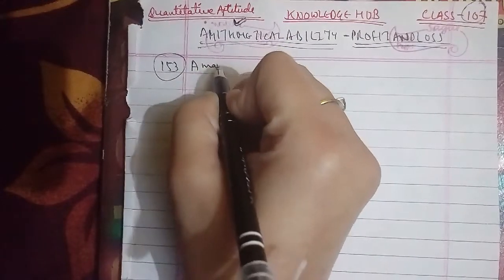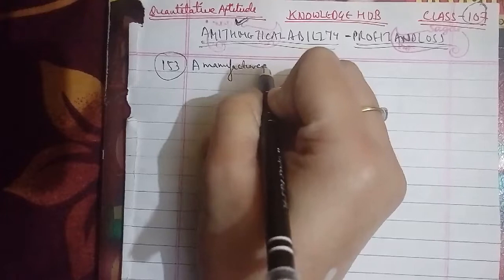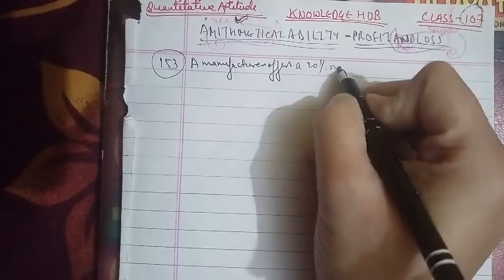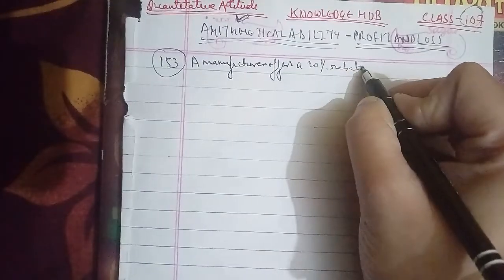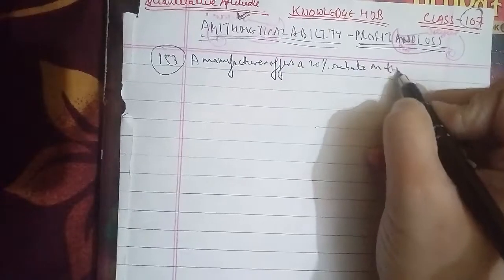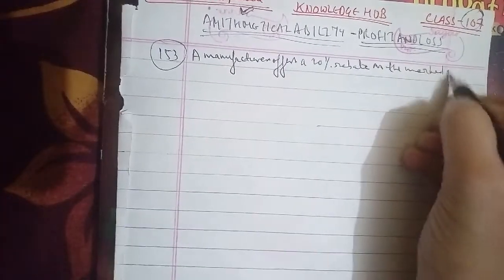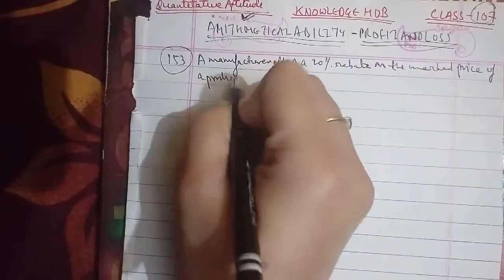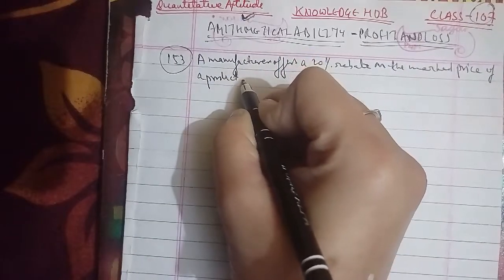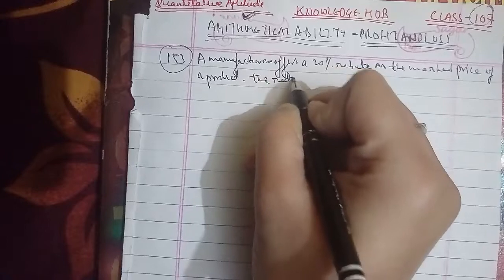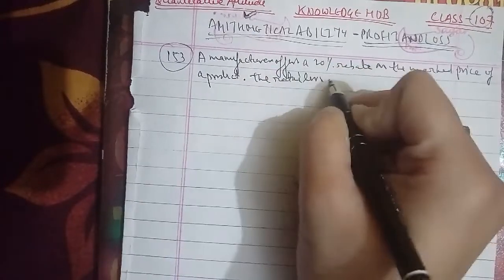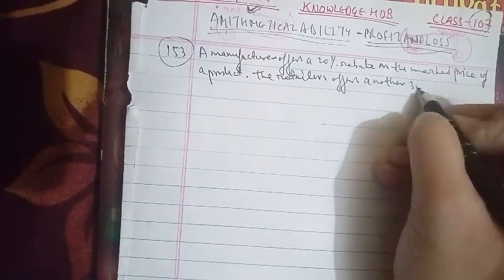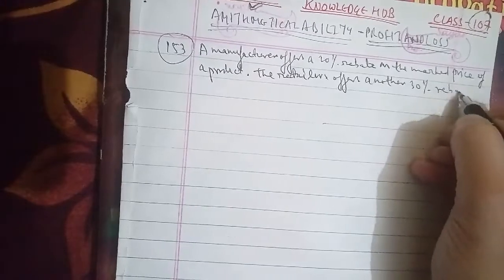Manufacturer offers a 20% rebate on the marked price of a product. The retailer offers another 30% rebate on the reduced price.